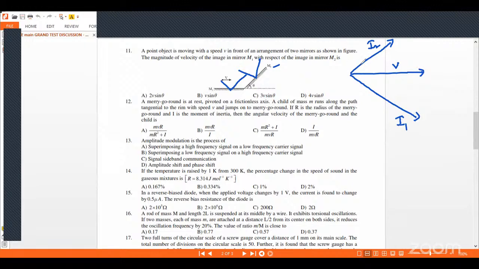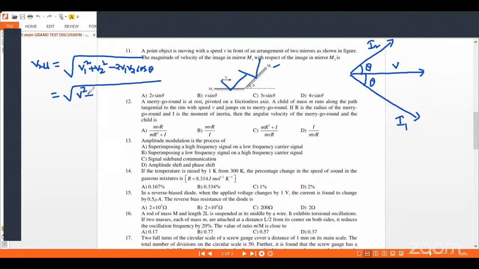So the total angle will be 2 theta, the angle between the two images. So I'll use the formula V relative equals under root V1 square plus V2 square minus 2 V1 V2 cos theta. Both images move with the same velocity, so minus 2v square. The angle between the two images is 2 theta.